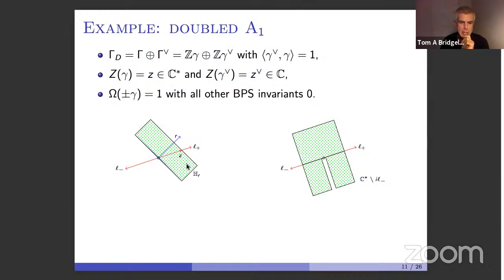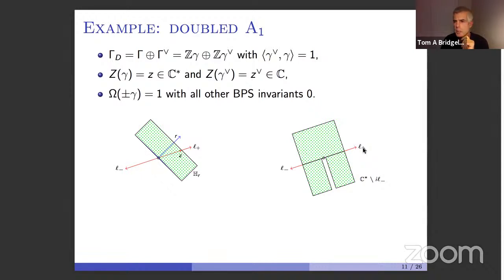Similarly, if I take a blue ray on the other side, I will get the opposite region, so the slit will be down this side. If I take the intersection of those two subsets of C, it's disconnected, right? There will be a bit here and a bit there. So I can compare these solutions in two ways, and that will correspond to the jump across this ray and the jump across this ray.